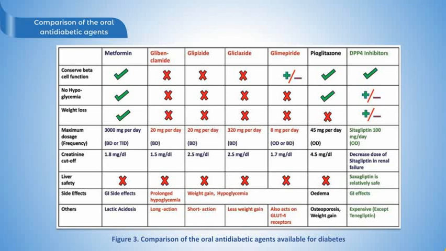And for the creatinine cutoff, we need to decrease the dose of sitagliptin in renal failure. As for the liver safety, saxagliptin is relatively safe for the liver, and the side effect was gastrointestinal effect. As for the others, it was expensive, except for the tenagliptin.